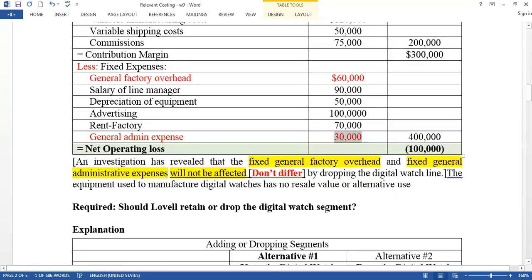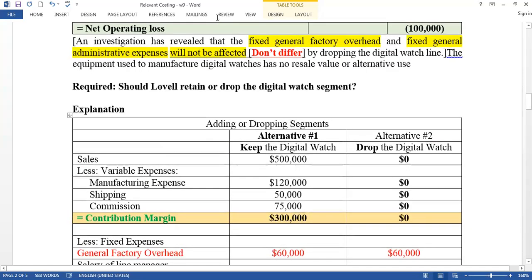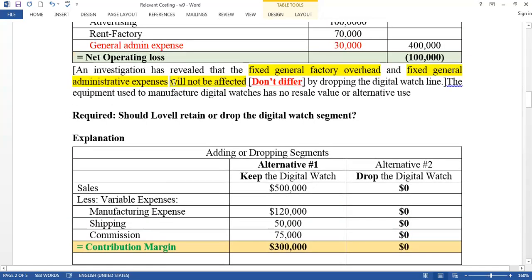Okay, it is also same. We keep it or drop it, will not be affected. So this is the keyword, will not be affected. It means that the alternative does not have any difference.